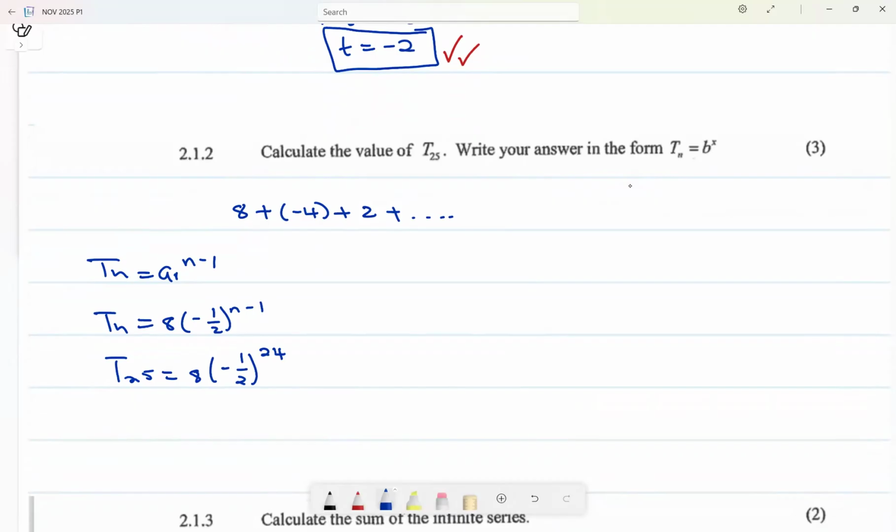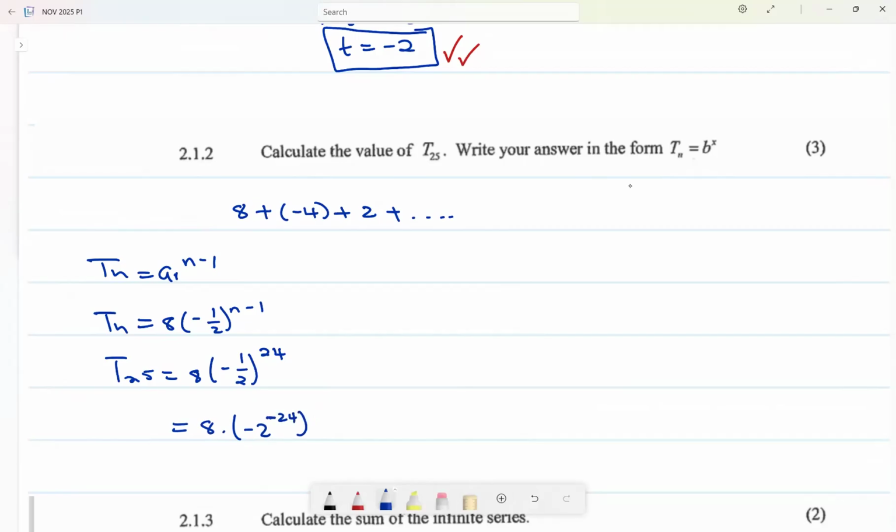And then they want it in the form b to the power of n. I'm not sure if I should end here or continue and say this is 8 multiplied by -2 to the power of -1 multiplied by 24, which is the same as -24.